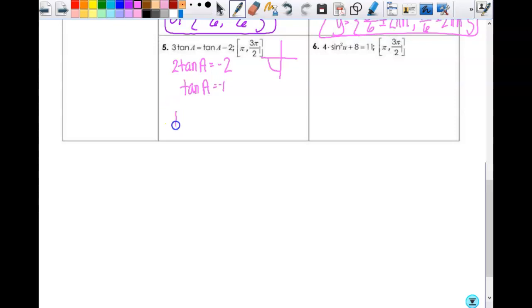So that means A is equal to the empty set, either way. My interval restricts me to the third quadrant, and in the third quadrant, tangent's positive, so this equation does not give me anything there. Okay? I have no answer.